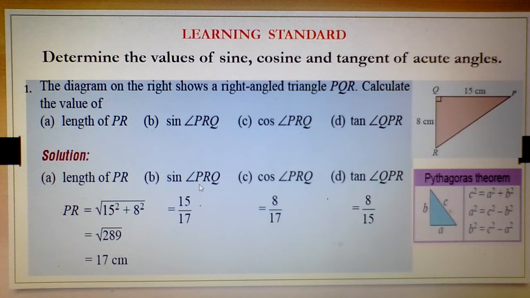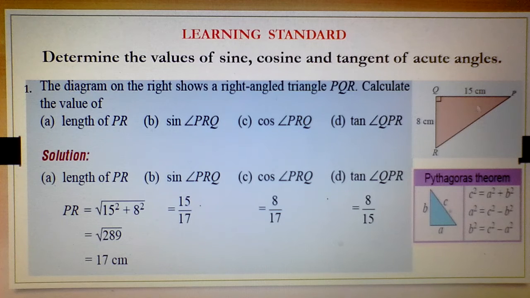Okay. Contohnya sine PRQ. Angle sini, PRQ. This angle, sine is opposite divided by hypotenuse. Maksudnya ialah QP divide PR. So dapat 15 divide by 17. So ini value untuk sine.